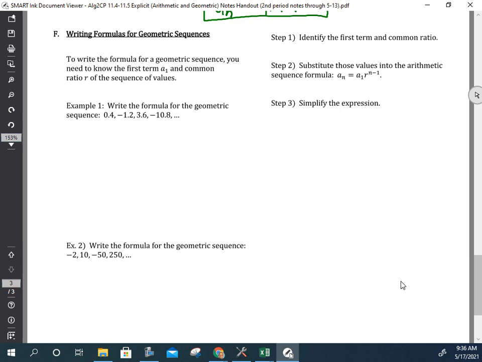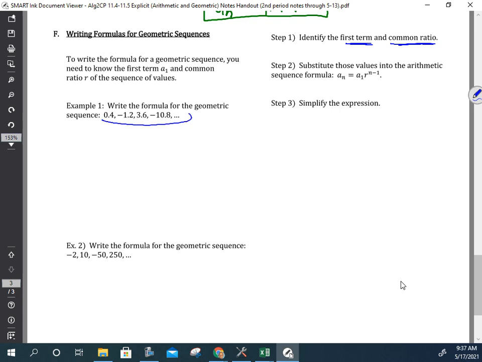Remember, geometric sequences, you're multiplying or dividing by the same number. So the first step is still the same. Identify the first term and the common ratio.